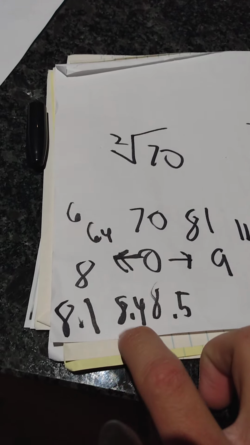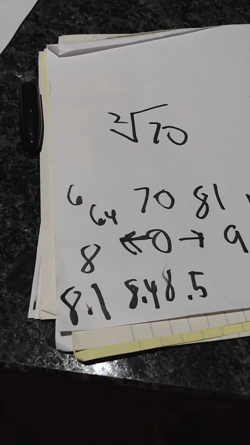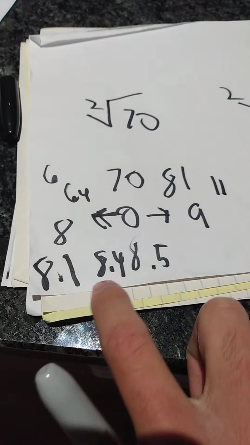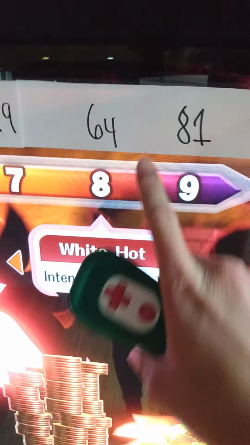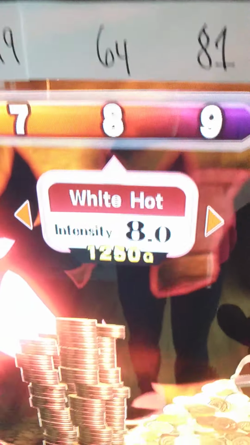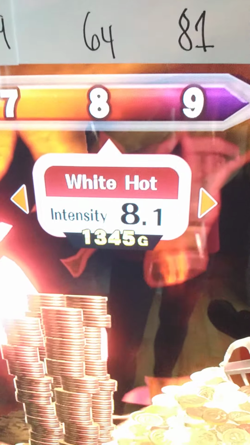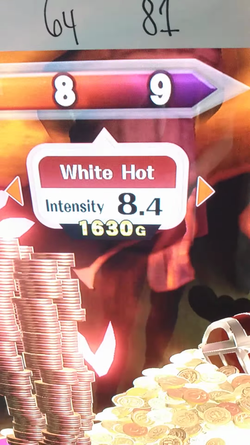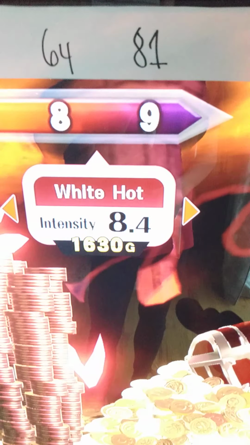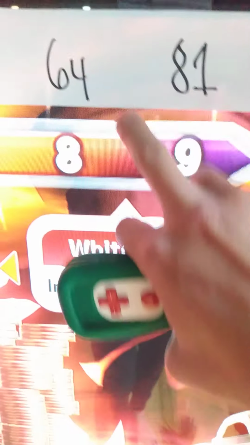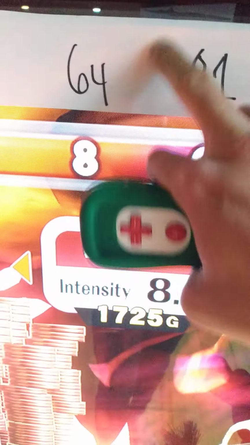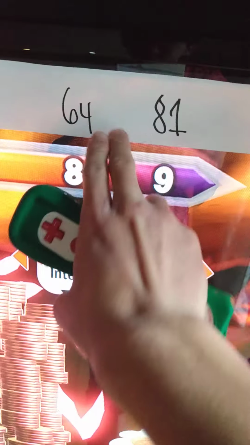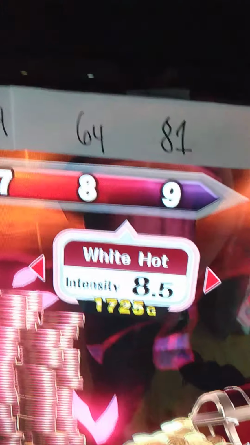So 70 is closer to 64, and we should get an estimate of 8.1, 8.2, 8.3, or 8.4. Not 8.5, because that would be in the middle of 64 and 81, and that would be saying it's a tie, but the differences are not the same.